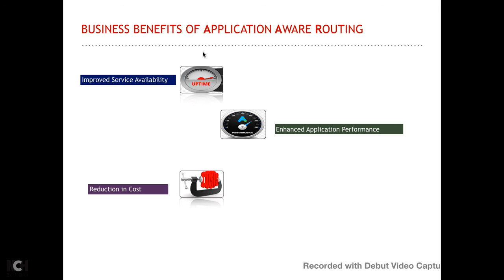So nothing needs to be done now. Because of the intelligence of application aware routing, and the health being checked very frequently at very short time intervals, both your links are efficiently used. The bandwidth cost which you were blindly increasing in your early days, you don't need to incur right now.